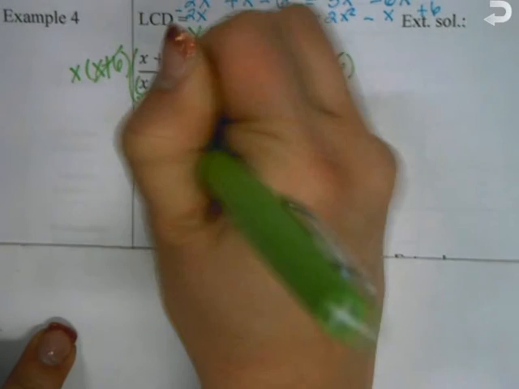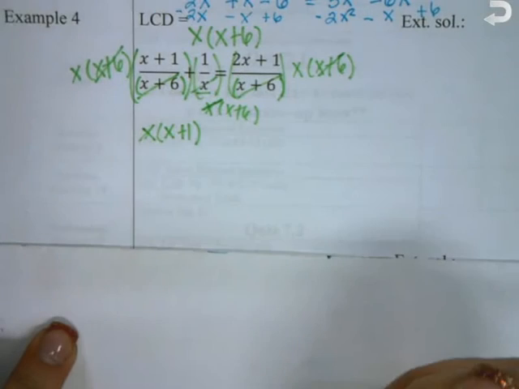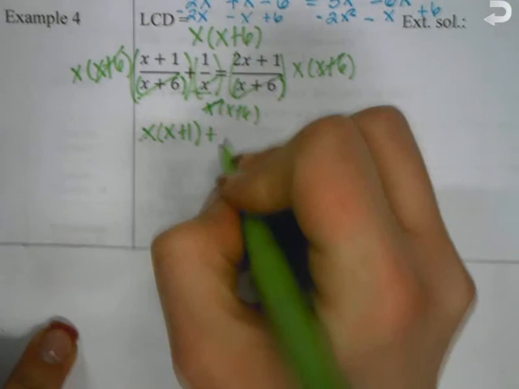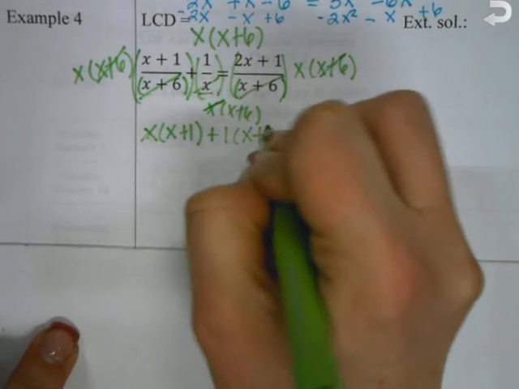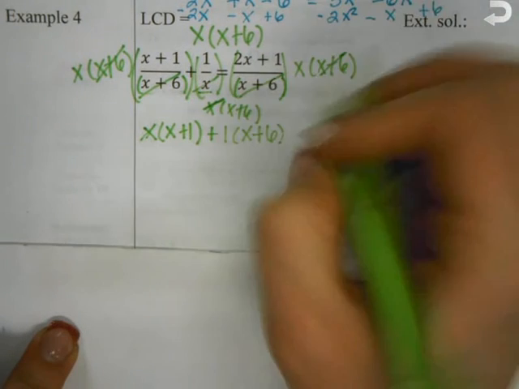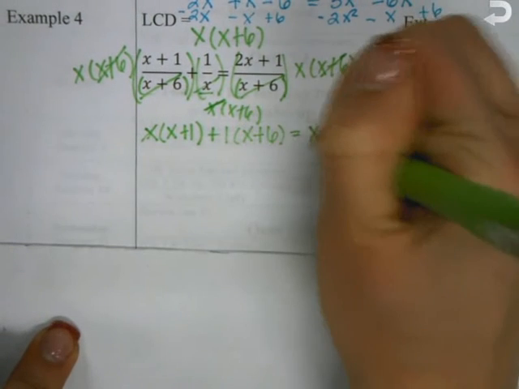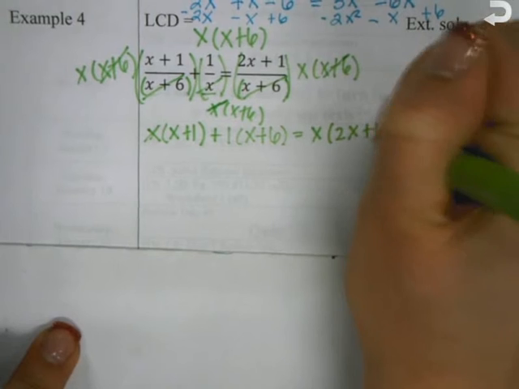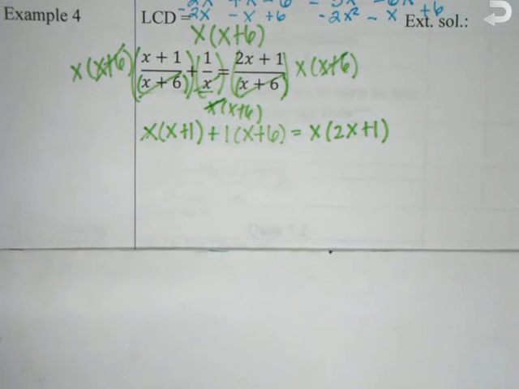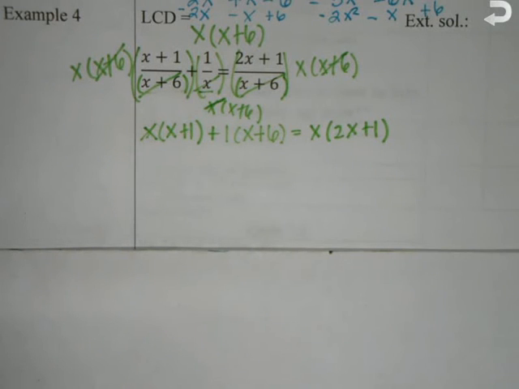Is that on the x plus 1, is that closed down? No, my pen skipped, I think. It's just an x times x plus 1. I need to get new pens. Okay, so let's distribute here, and then we'll combine like terms.